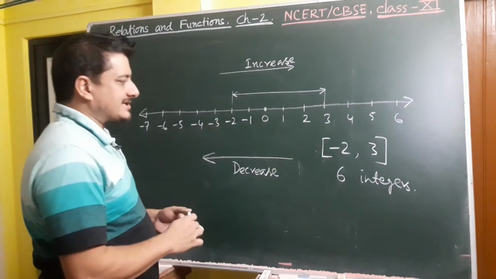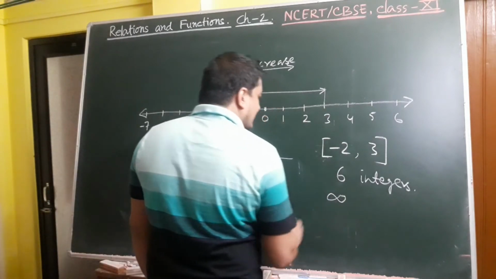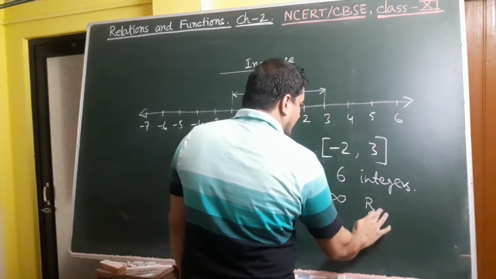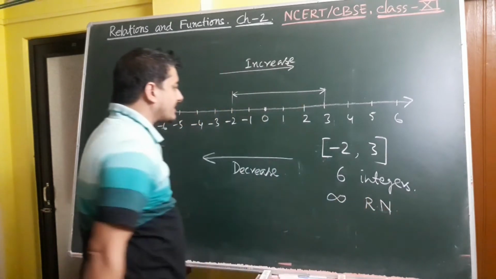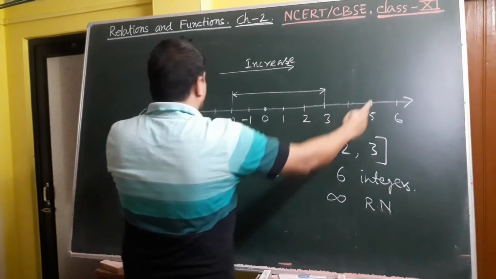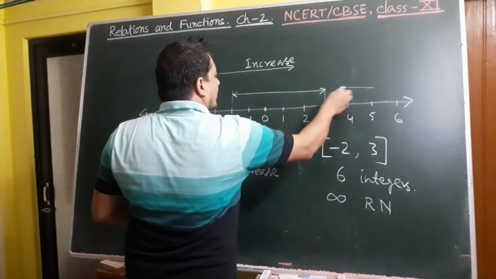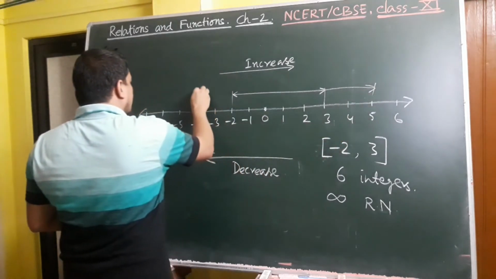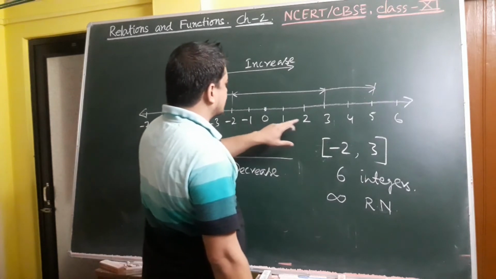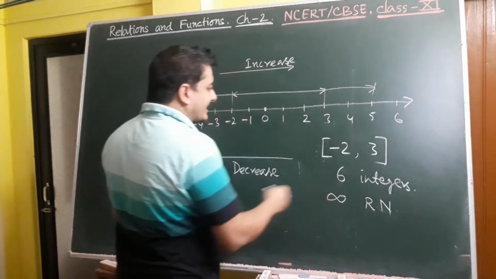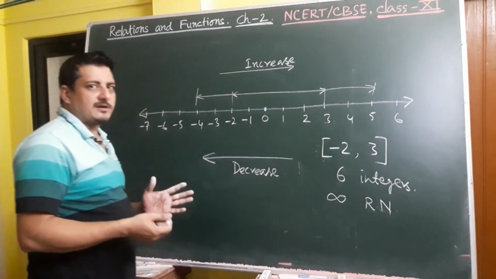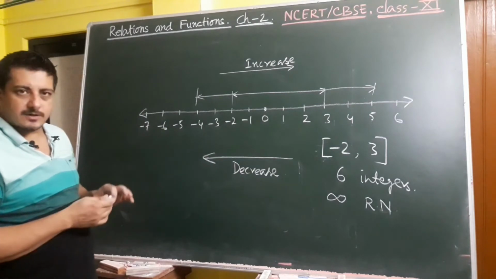There are infinite number of real numbers. Similarly, from say 5 to -4, how many? 1, 2, 3, 4, 5, 6, 7, 8, 9, 10. So there are 10 integers in this interval, and there are infinite number of real numbers that you already know.